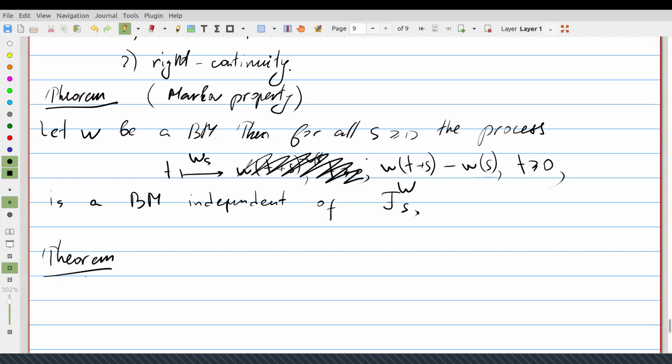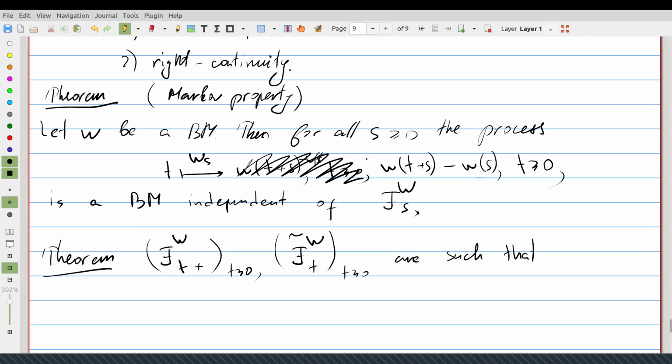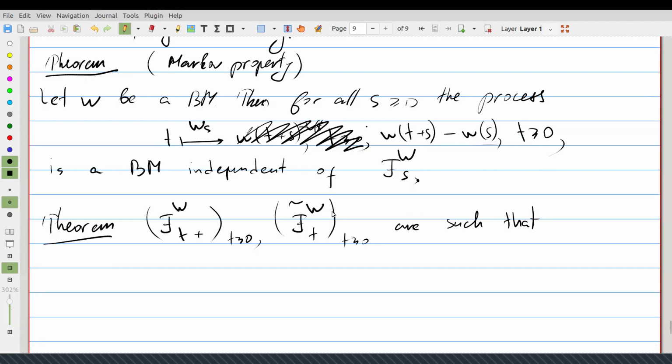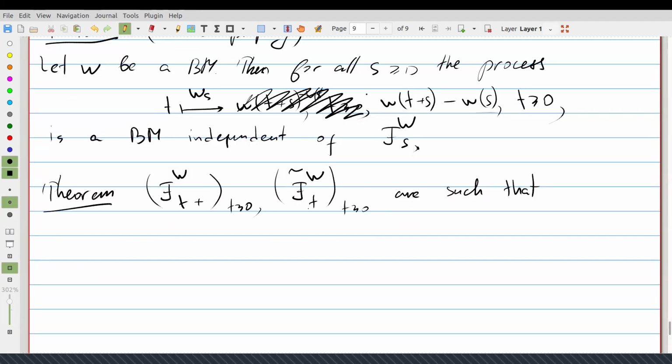We will progress to the second theorem that, for instance, says the following. F^W_+, the right continuous augmentation of the natural filtration of the Brownian motion, and the filtration augmented with null sets, are such that this is still true.